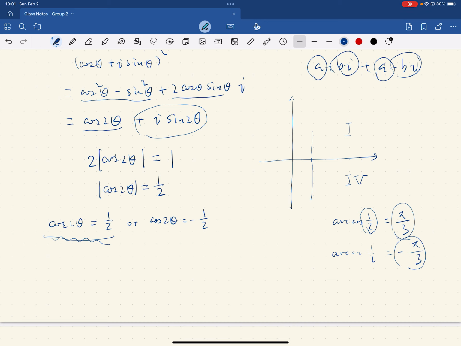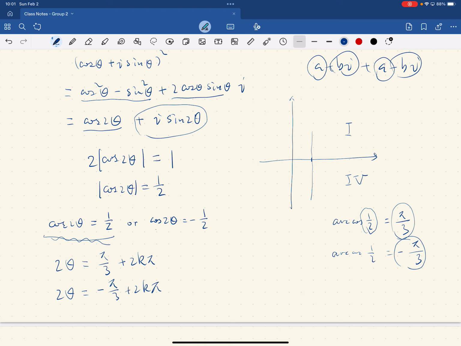So then we have 2 theta either equals pi over 3 plus 2k pi, because there are infinite number of angles on the same location, or 2 theta equals negative pi over 3 plus 2k pi. Right, this is one case here.